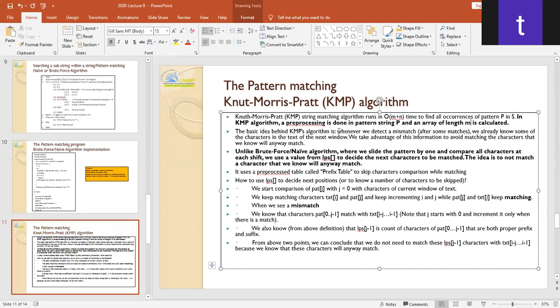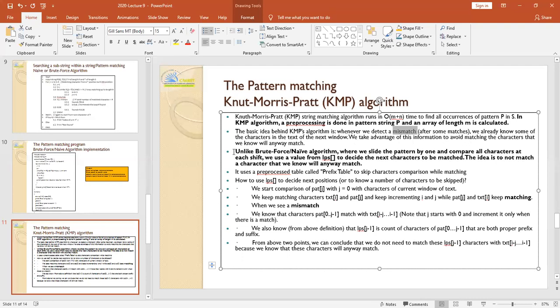The basic idea is that whenever we detect a mismatch after some matches, say the first character matches, the second matches, and the third does not match, at that time we call it a mismatch. We already know some of the characters, so we take advantage of this information.